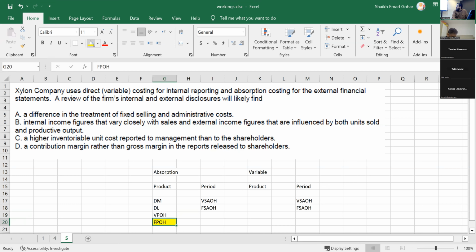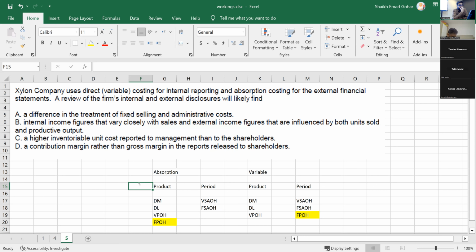Even these three you can copy paste here, but this thing will go on the other side. Correct me if I'm wrong. So see the question again. They're saying the difference in the treatment of fixed selling and admin cost. There is no difference, because in absorption, selling and admin is also period cost. In variable costing also selling and admin is period cost. So where is the difference?